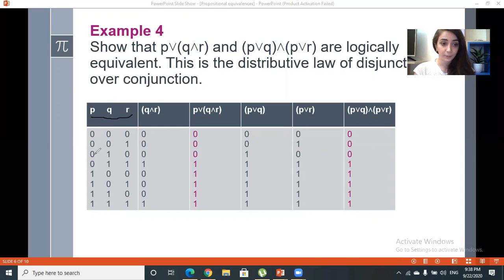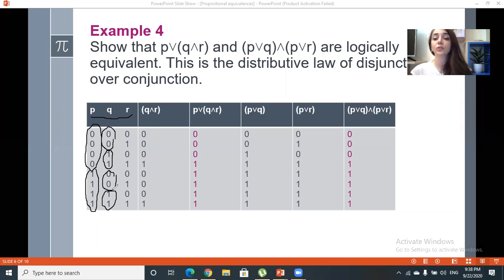What about P? The first 4 truth values of P are 0. Then the second 4 truth values are 1. Four 0s and four 1s. What about Q? Here, two 0s, two 1s, again two 0s, two 1s.